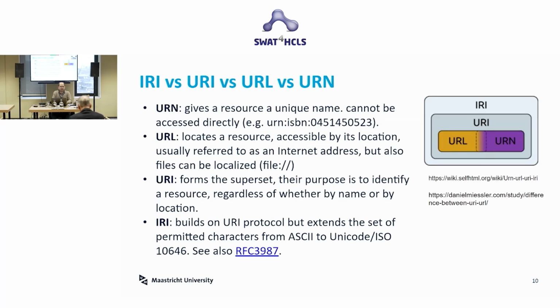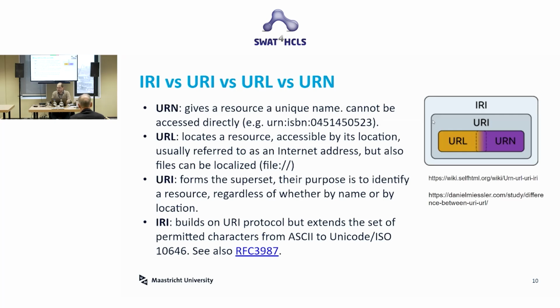So the URN could be the identifier of a book, something like the ISBN here. It's a URN of a book. It's not something you can access on the internet, right? You need to go to the library and ask for a book with that specific ISBN. The URL is the same: it's a unique identifier, a unique name, but you access it through the internet.